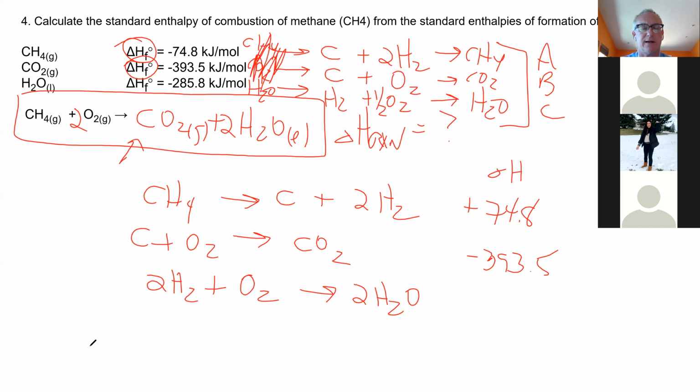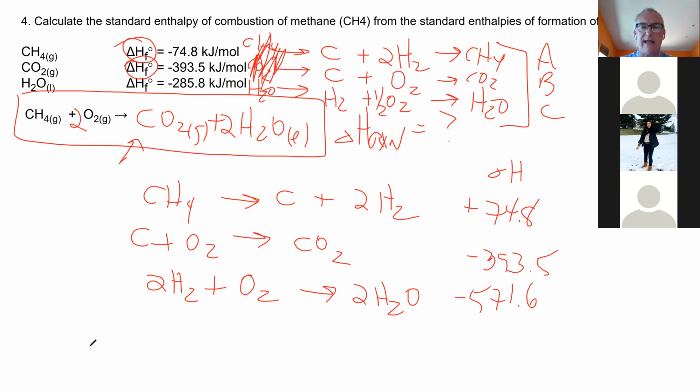So how much heat for the formation of 2 moles of water? Negative 142.9. Multiply by 2. Oh, I'm sorry, negative 571.6. Yes. Okay, now let's see if we have to do anything with the water.